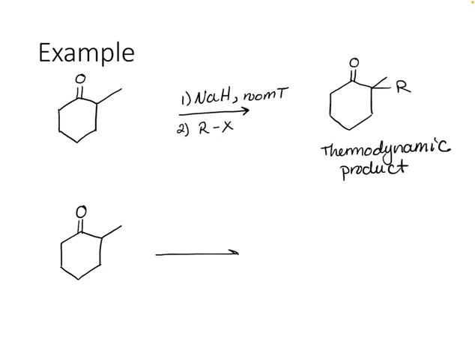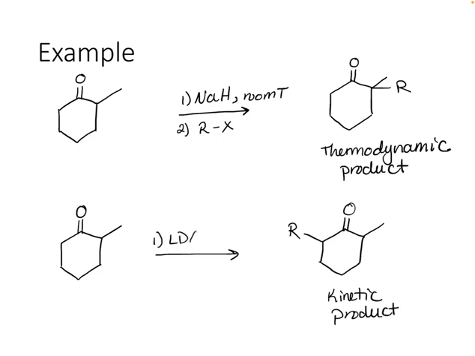If we want to favor the kinetic product, then we're going to use LDA at negative 78 degrees Celsius, followed by a relatively simple alkyl halide.